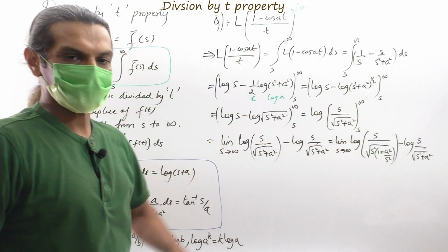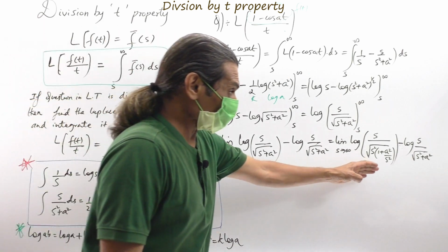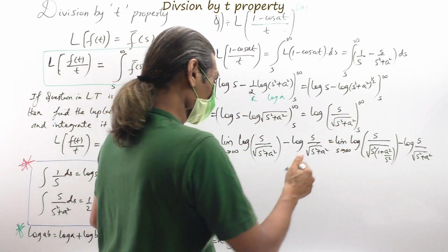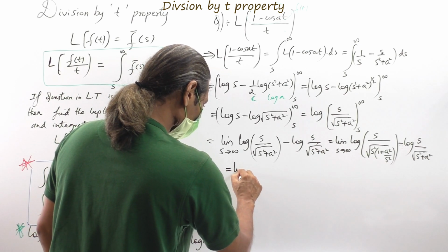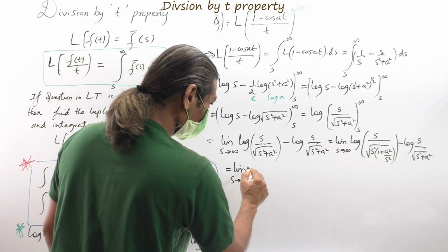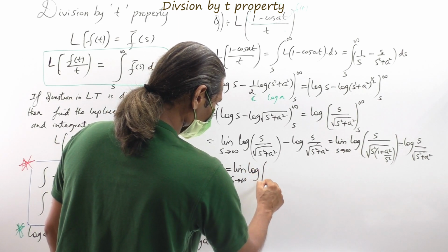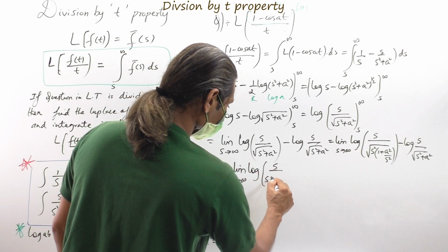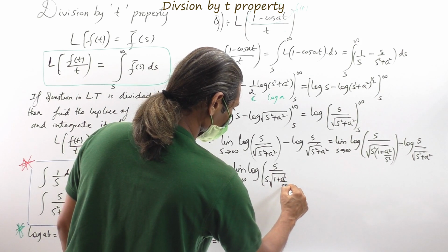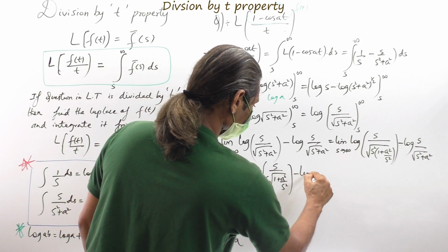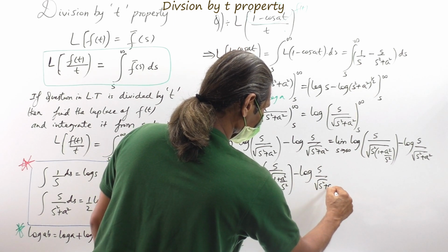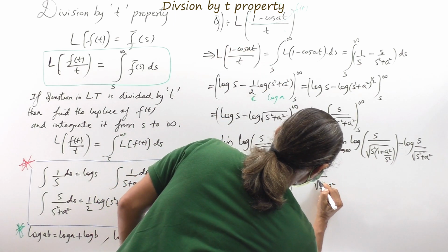This is what I have. Now, when I take this s square outside, the root of s square will be s. So I rewrite this once again. I want to solve each and every step so that you do not get confused. Limit as s tends to infinity of log of s by s into root of 1 plus a square by s square, minus log of s by root of s square plus a square as it is.